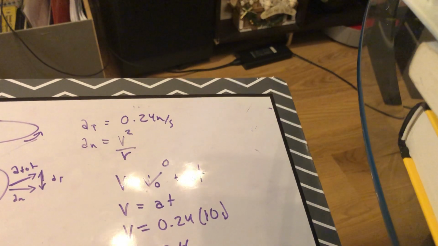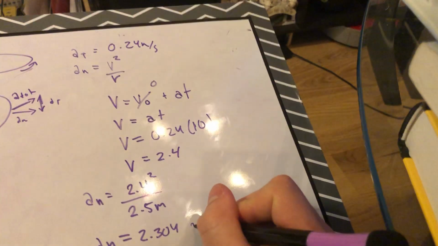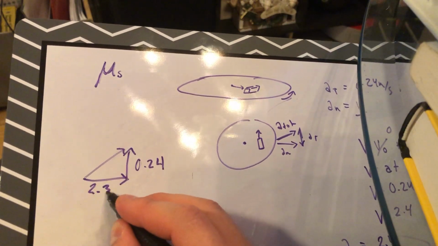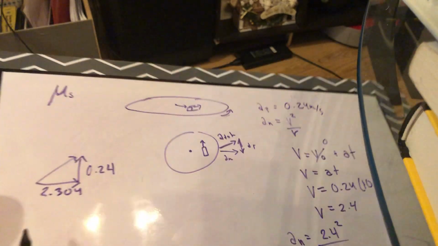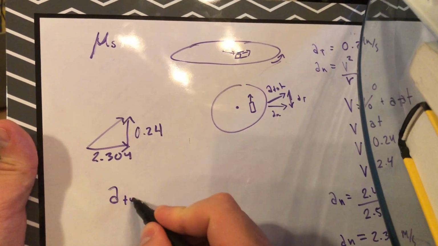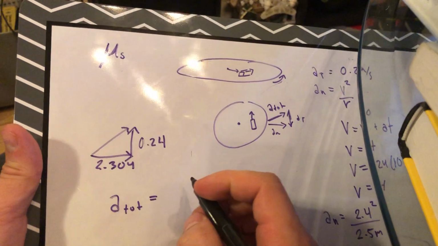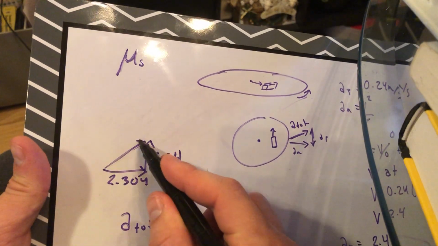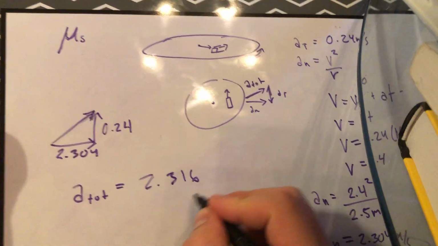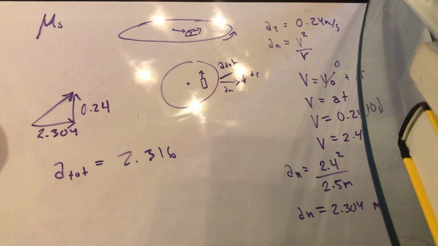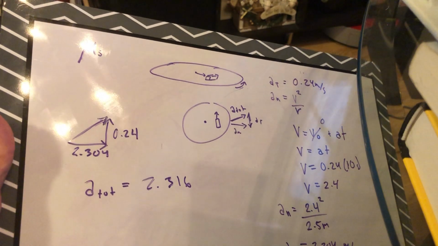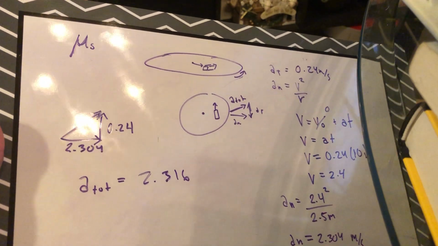That gives us 2.304 meters per second squared. Now, with the Pythagorean theorem, a squared plus b squared equals c squared, we get 2.316 total. So we now have our total acceleration.